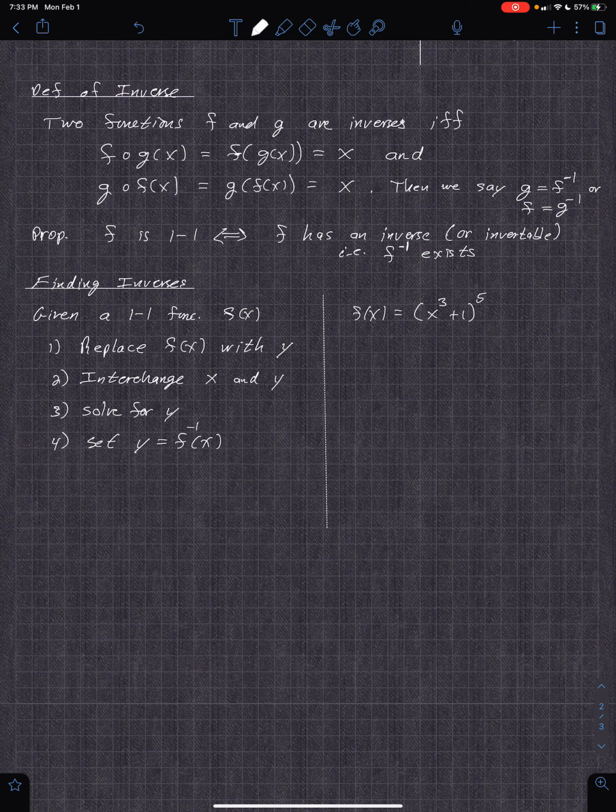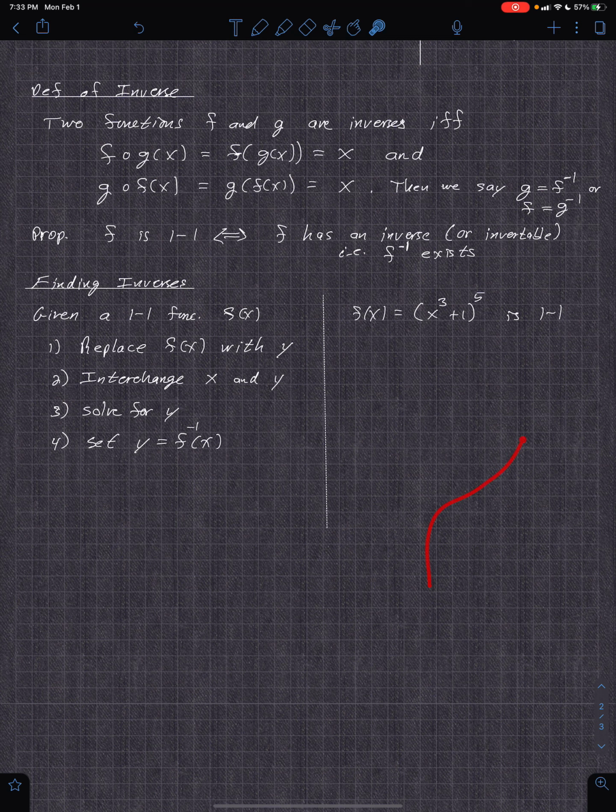Now, you may not know right off the bat, but that has to be 1 to 1. Okay, so we know this must be 1 to 1. Because it's 5th degree, it's an odd power. If you multiply this out, it's still odd. It actually ends up being like a, what, 15th degree or something like that. So it's going to go up on the right and down on the left. So it's odd, and it's 1 to 1.